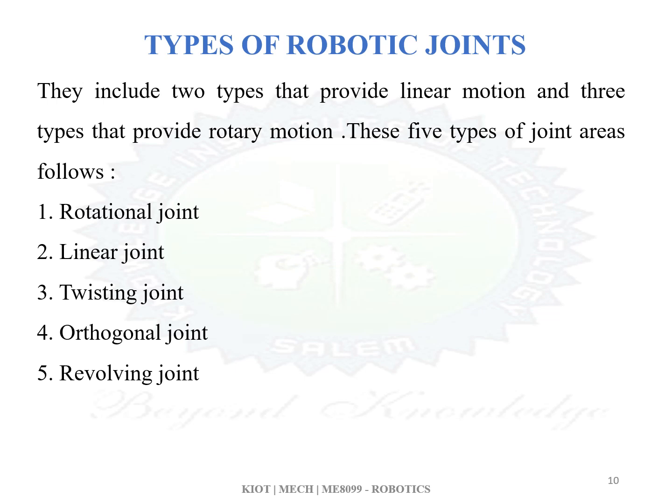These are the 5 types: a rotational joint, a linear joint, twisting joint, orthogonal joint, and revolving joint. Among these, the linear joint and orthogonal joint are of similar kind, which means they bring about a linear motion, with a small difference in the linear motion or the output.